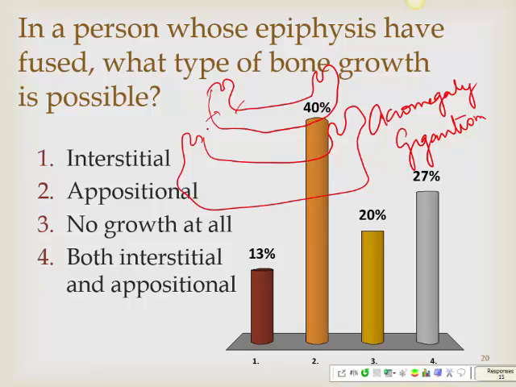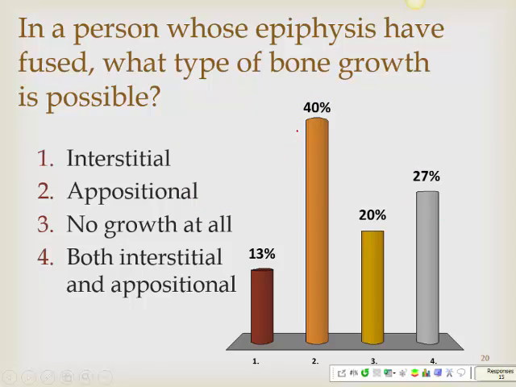So if a normal thickness of a bone is like this, in these people the bone will be, say, that thick. So bone gets deposited on the outside. So appositional growth is still possible because that is not dependent on the presence of the epiphyseal cartilage. It is dependent on the periosteum depositing bone on the outside, okay? So appositional growth is possible. So that's why in these people the condition is called acromegaly and not gigantism.